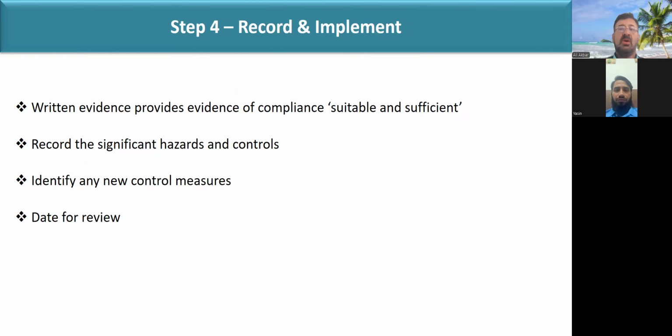Date for review: the risk assessment is better reviewed annually. Annual review is required. But when people are working in our organization and there are changes in the workplace, in machinery, or technical changes, then we will have to revise the risk assessment.